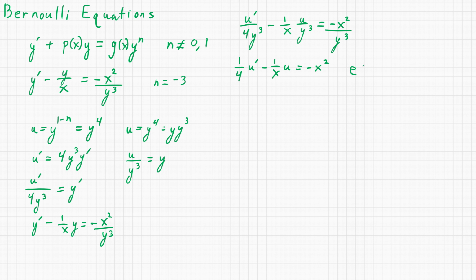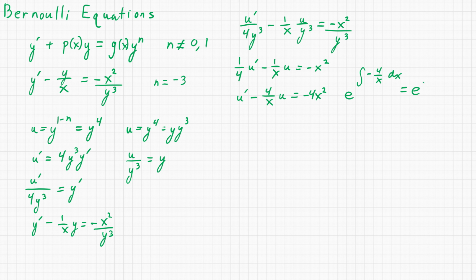We have to normalize it first. That quarter shouldn't be there, so multiply the entire equation by 4. We'll end up with u prime minus 4 over x times u is equal to negative 4x squared. So now our integrating factor is e to the indefinite integral of the term in front of the u, so the negative 4 over x dx.